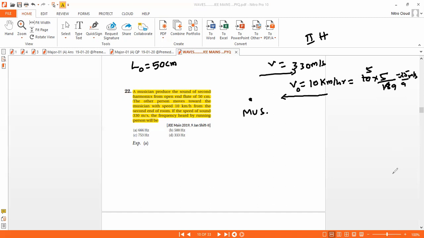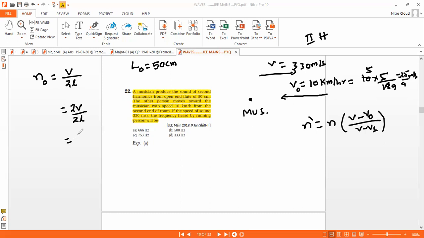Now the frequency heard by the running person, that is N dash, is N into (V minus V naught) by (V minus Vs). Since it is a flute, that is an open pipe, the basic frequency of first harmonic is V by 2L. Second harmonic is nothing but 2V by 2L.